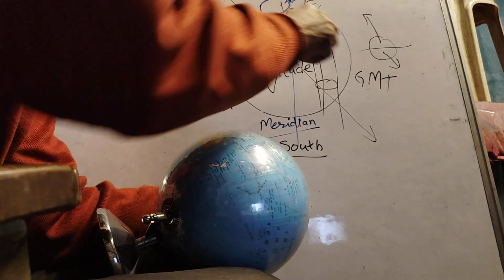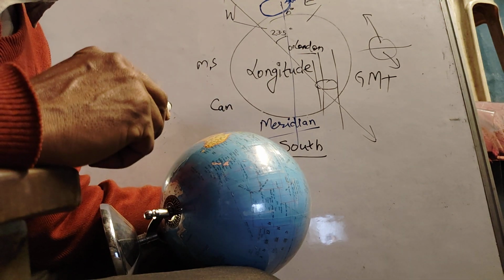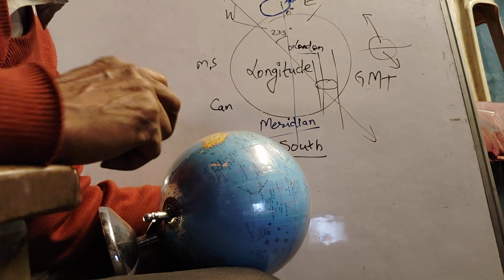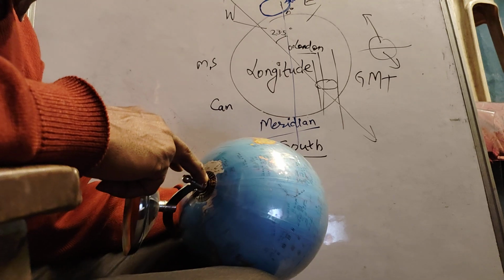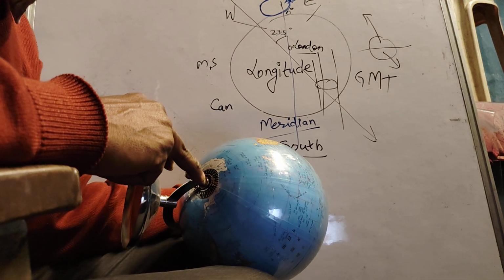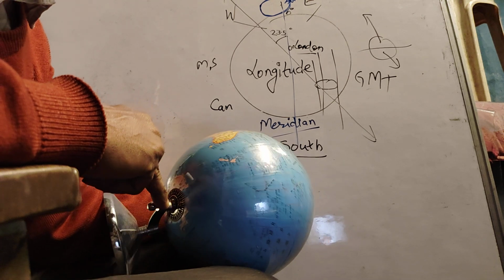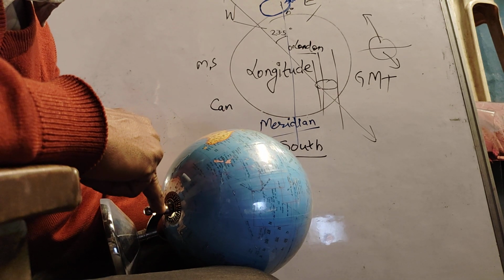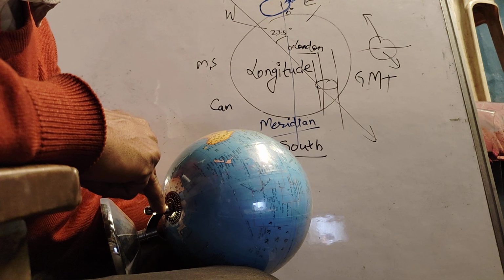So the Australian timeline passes through the middle of Australia on the eastern side.